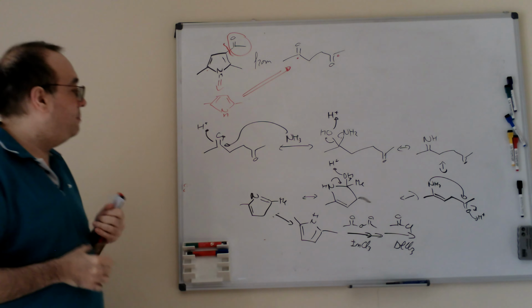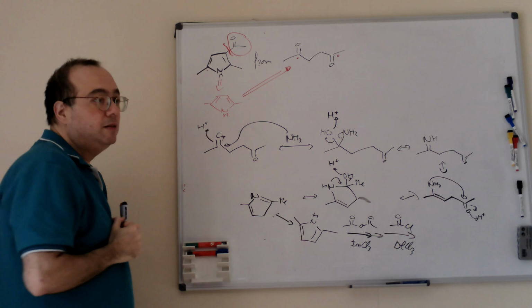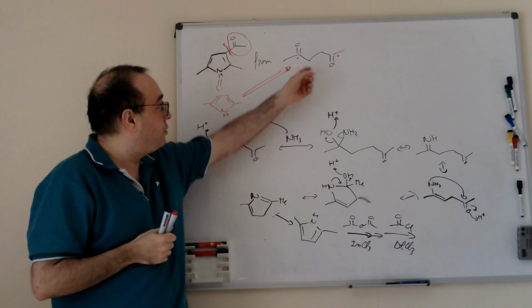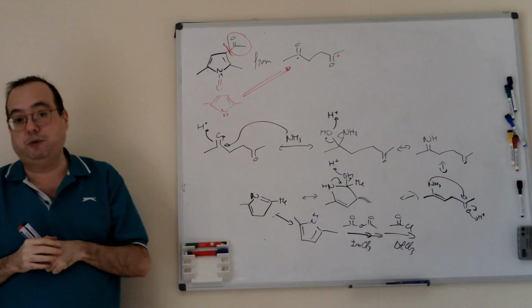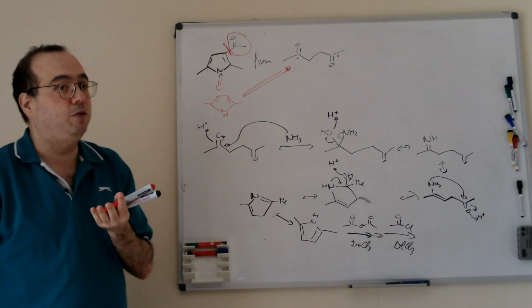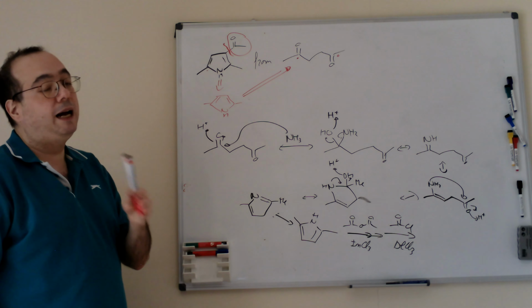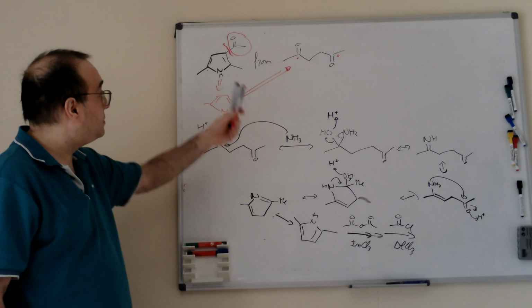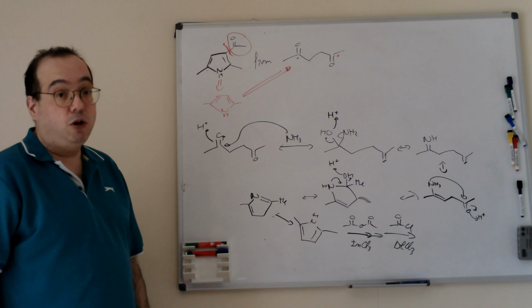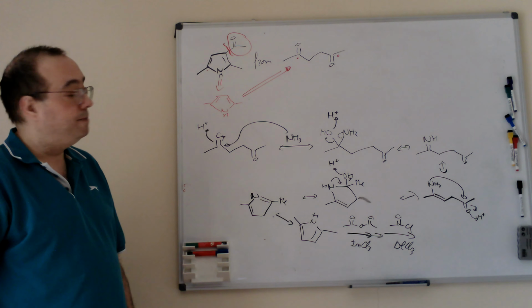Okay? That means this is how we can synthesize this pyrrole from a 1,4-dicarbonyl compound. Remember that for the formation of pyrroles, we only know two systems. One is the Paal-Knorr from a 1,4-dicarbonyl compound, and the other is the Knorr synthesis from an amino ketoester.